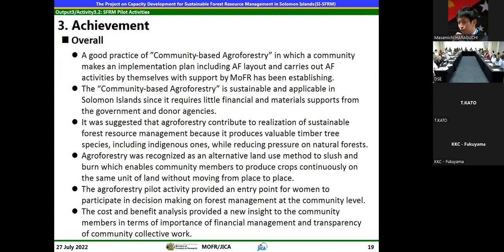With the financial support and materials from the government and donors, especially JICA.